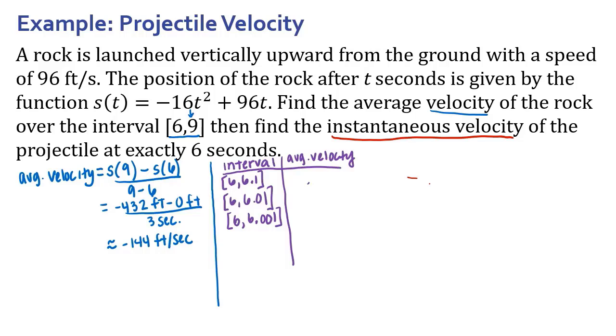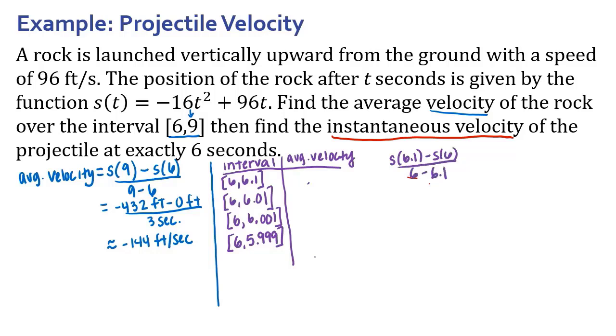Now, we don't want to just look at what happens as it is leaving 6 seconds. We also want to look at what happens as we're approaching it. So I'm just going to do 5.99, and I'll leave it up to you to do the other ones. So let's figure this out. If I'm looking at the average velocity between time 6 and 6.1 seconds, so what's that velocity there? That's going to, again, be doing that s of 6.1 minus s of 6 all over 6 minus 6.1.